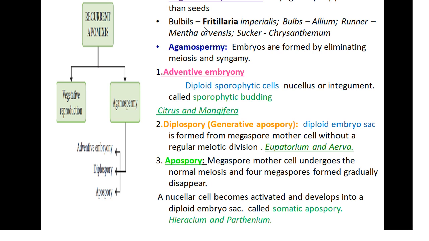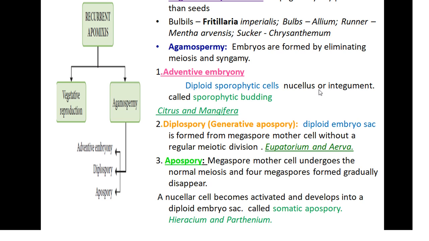That is adventive embryony, diplospory and apospory. All these three topics share one common point: a diploid sporophytic cell gives a diploid embryo sac. The diploid sporophytic cells are produced from the nucellus. You know that the nucellus is a type of cell present in the ovule, and the integument is the covering of the ovule. These two are collectively called sporophytic cells.